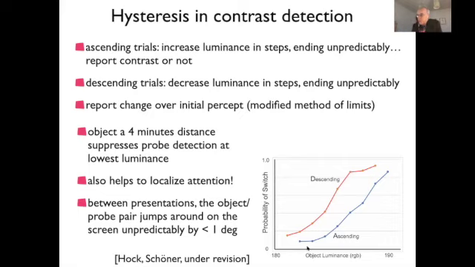And again, this is actually jumping around on the screen, so it's quite challenging to understand how exactly that happens in the brain, where it's supposed to be retinotopic. And so here we have clear evidence for hysteresis. That is a real difference between the luminance you need to first detect an object when you're increasing luminance and the level of luminance that you need to lose the percept when you already saw the object.